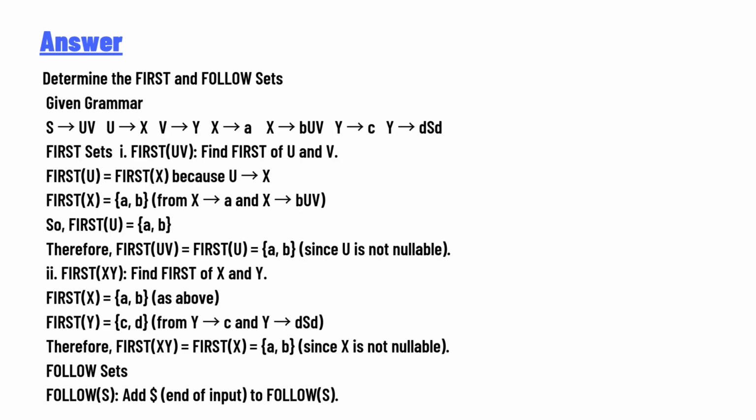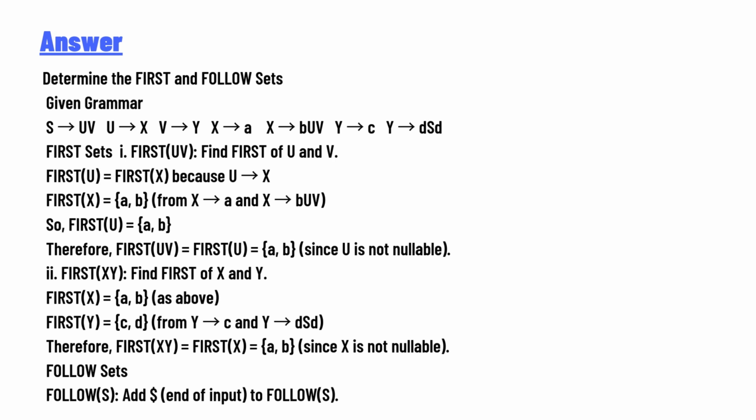The answer of the question is: determine the first and follow sets. Given grammar: S → U V, U → X, V → Y X, X → a, X → b U V, Y → c, Y → d S c.